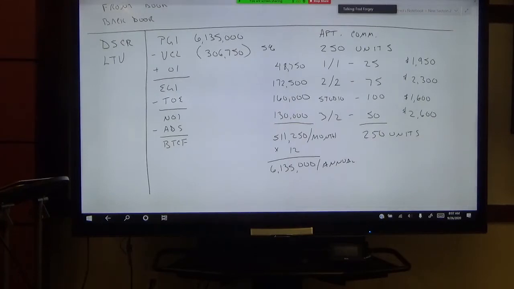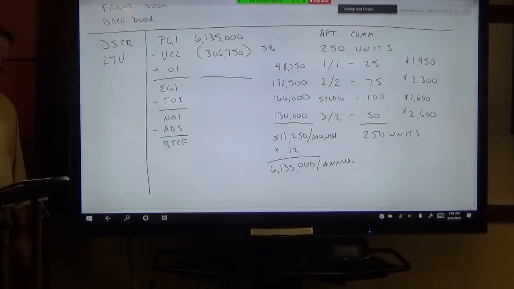And then other income that this property would generate in terms of parking fees, other ancillary services, vending machines, laundry, whatever. Okay, give me a dollar amount. 50,000. That's pretty low for that size of a property. Yeah, that's true. 100,000. I still think that's kind of low. Let's just go with a couple hundred thousand. All right.